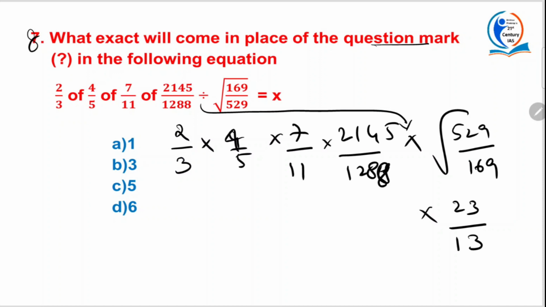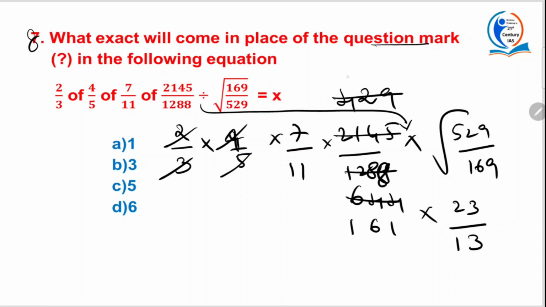Now, 5 ones are 5, 5 fours are 20, so 5 twos 10, 429. And 2 ones are 2, 2 sixes are 12, 2 fours are 8. Okay, and 4 ones are 4, 4 sixes are 24. 3 ones are 3, 3 threes are 9.